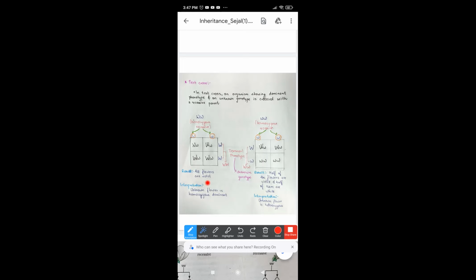All flowers are violet. Hence, the unknown flower is homozygous dominant. In the other case, half of the flowers are violet and half of them are white. Therefore, the interpretation is that the unknown flower is heterozygous.